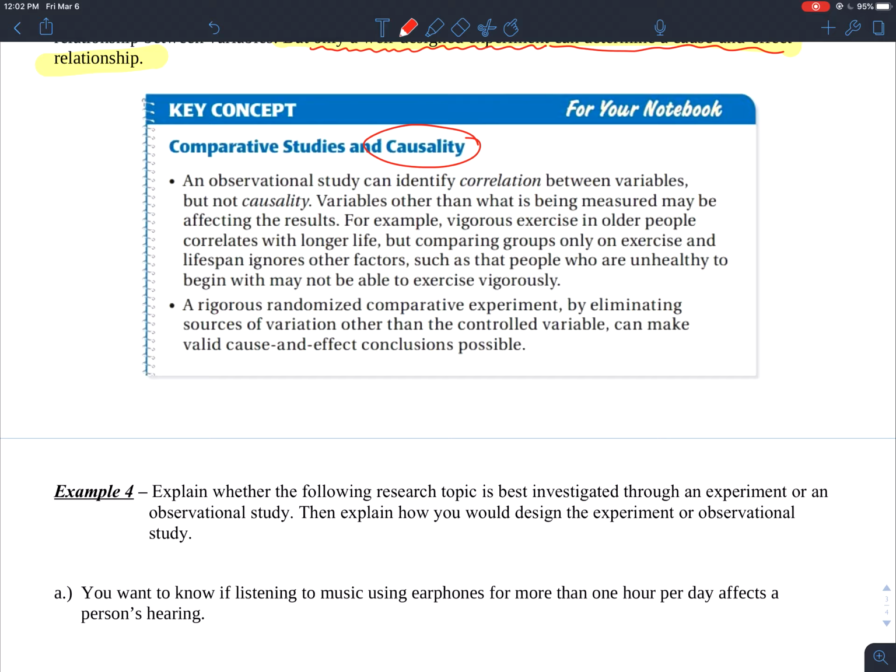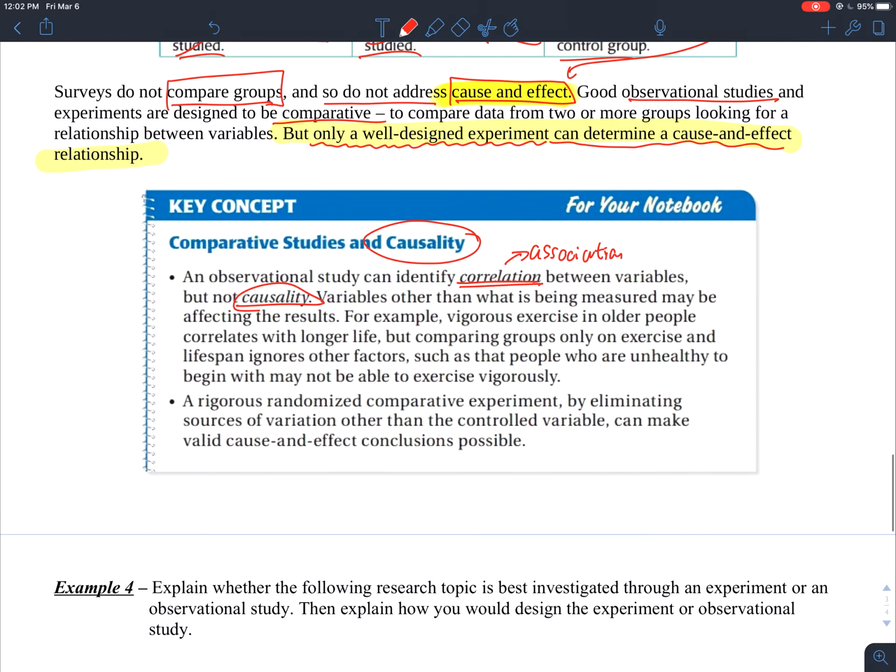An observational study can identify correlation, or what we like to call association, between variables, but not causality. So what does this mean? Correlation and association. That's not a good word to just casually throw out at you. What this means is A and B happen together in a certain way.